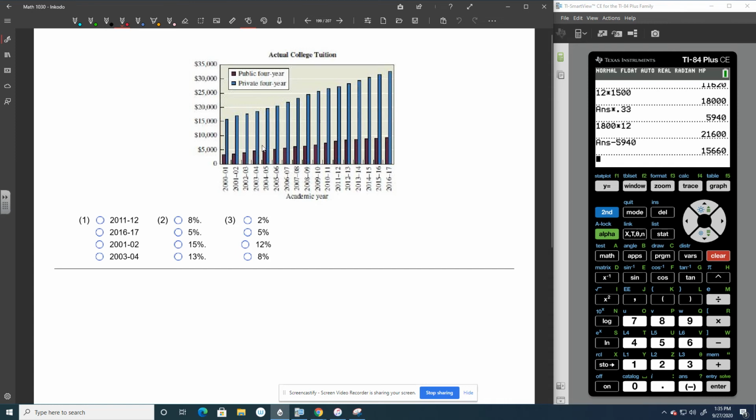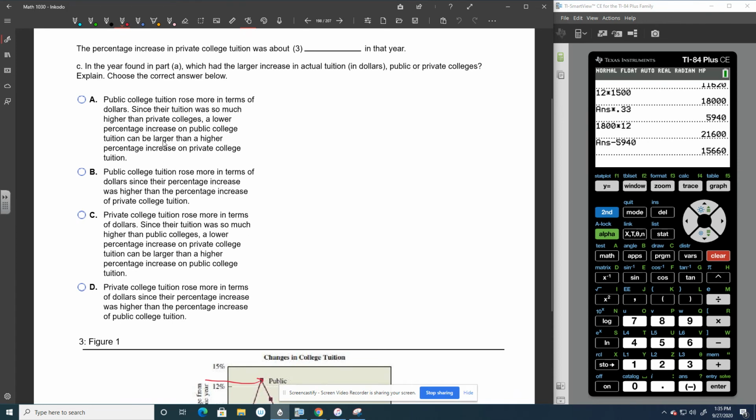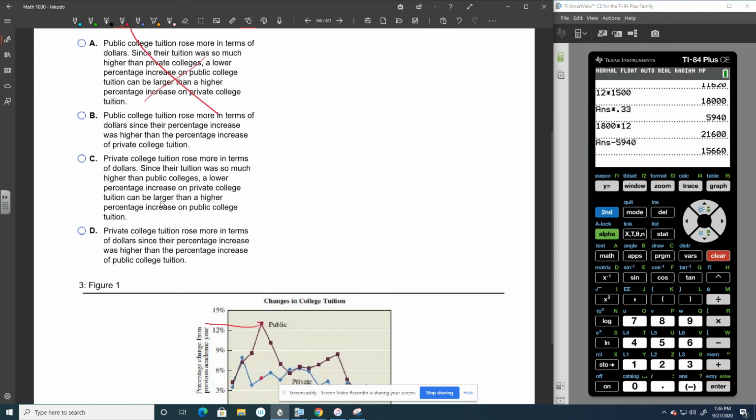So 18,000 compared to like 5,000 in public. So we're looking for public college tuition rose more in terms of dollars. No, it didn't. Private college tuition rose more in terms of dollars.